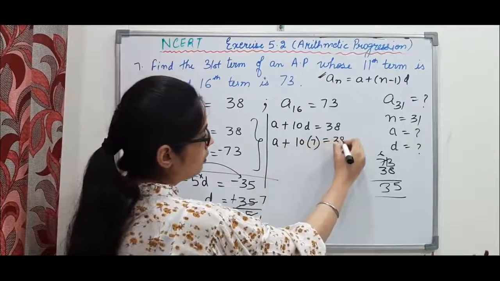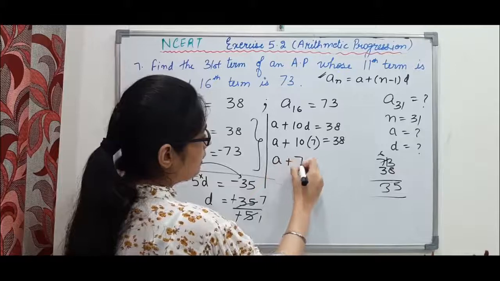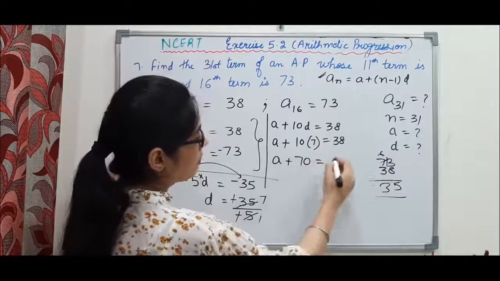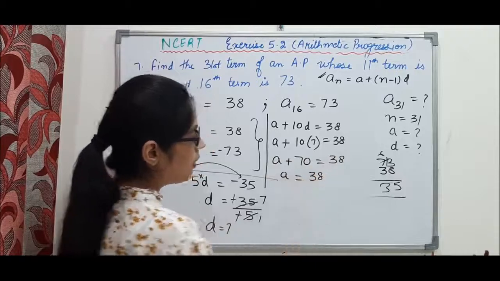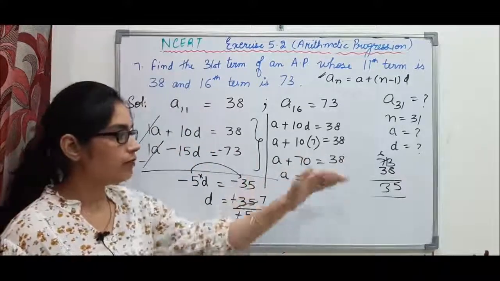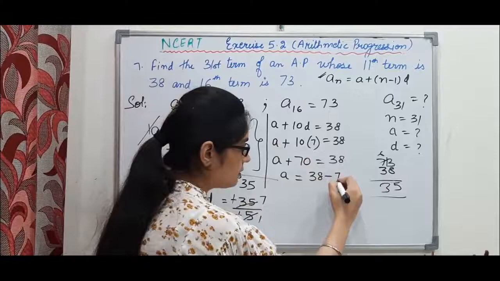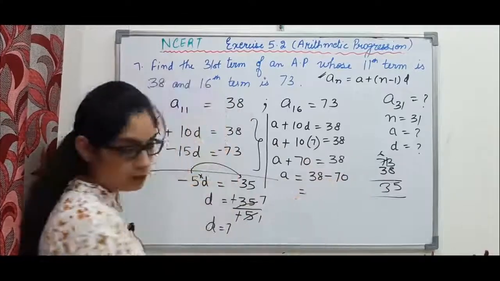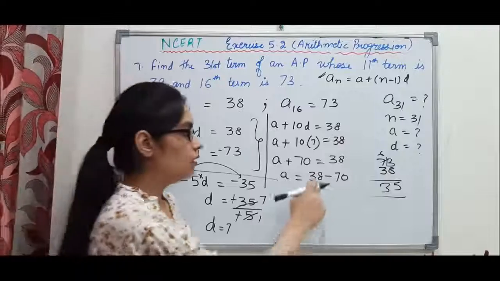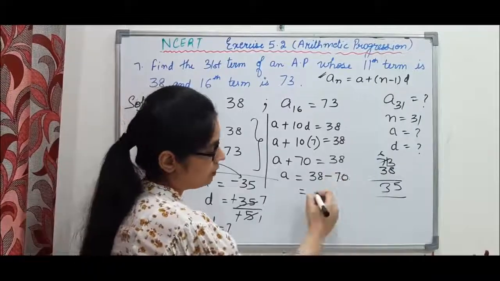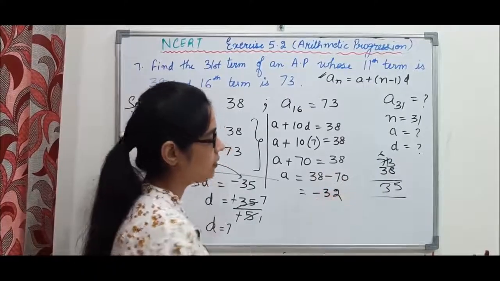A plus 70, since 7 into 10 is 70, is equal to 38. A is equal to 38 minus 70, because when I shift it to the other side it changes to minus 70. The sign is that of the greater number, so 38 minus 70 gives minus 32.